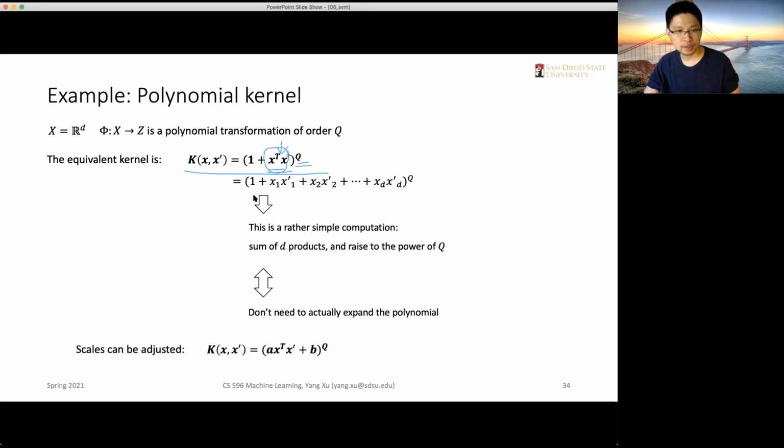We can further scale this and apply some hyperparameters like a, b, and q. These are hyperparameters, constants we can experiment on, because sometimes the results depend on our luck.